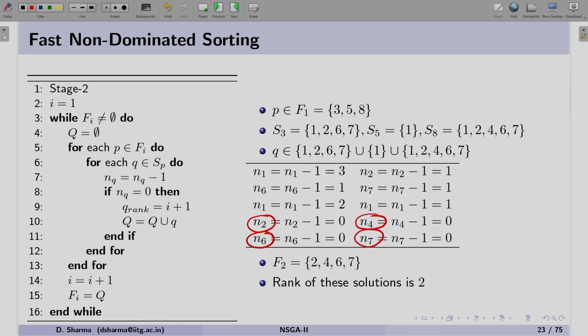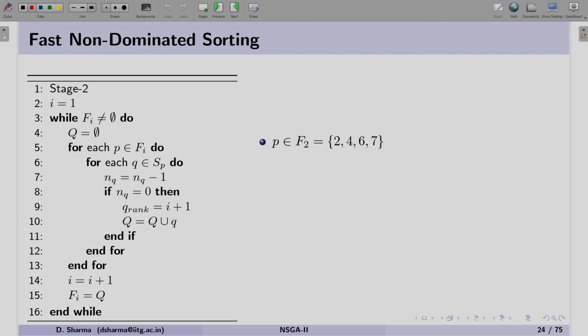All of them are 0, meaning that they are going to be added into front 2 and the rank of the solutions will become 2. Now, as of now, we have identified front 2.